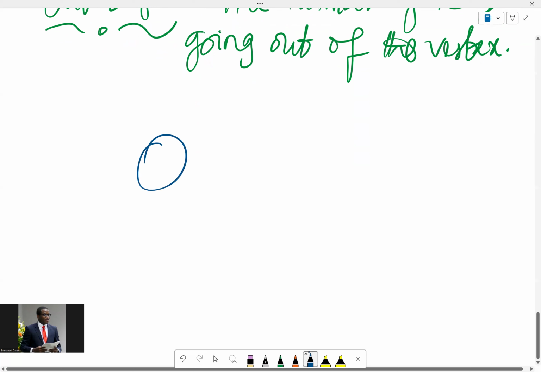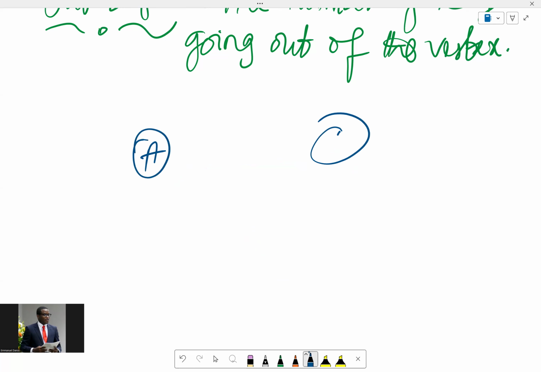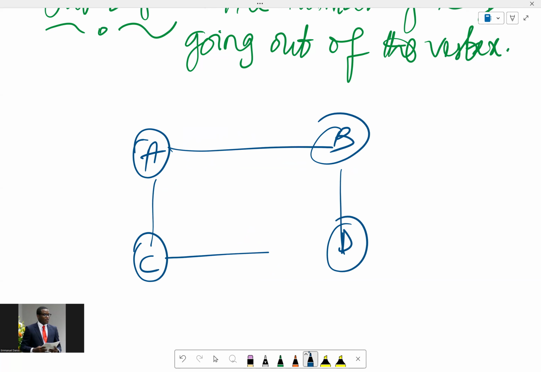Imagine you have a simple A, B, C, D. Let's just do the normal A, B, C, D we've been doing, and let that be our standard for whatever we have to do. So this connects to this.